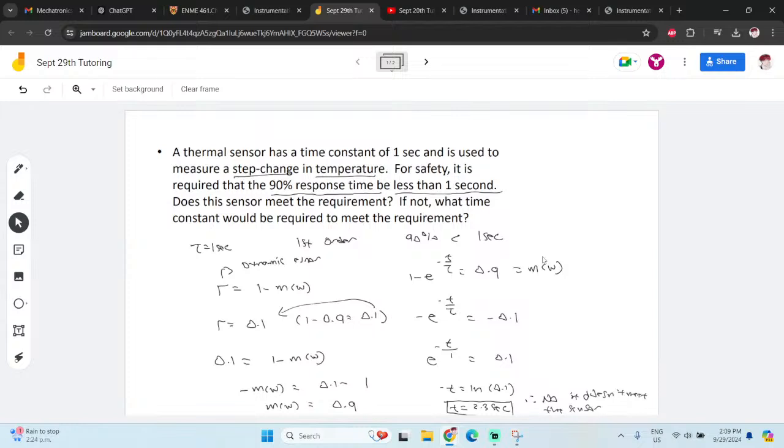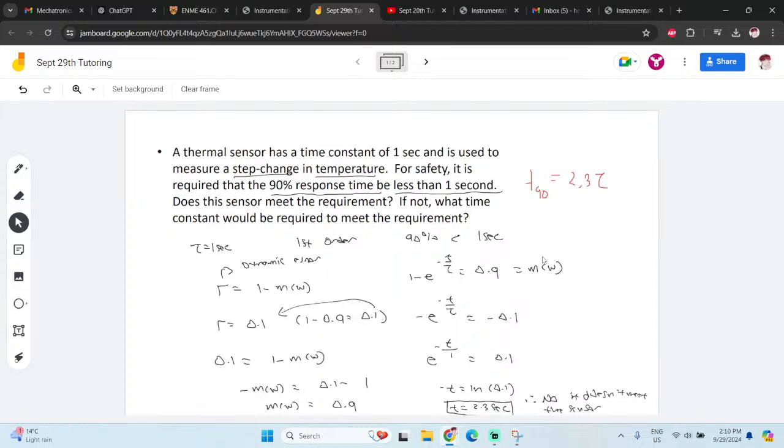So you said put the T as 1? Yeah. What I mean is T90, when 90% of the response time is reached, equals 2.3 into tau, right? Yeah. Now they say the 90% response time should be less than one, right?